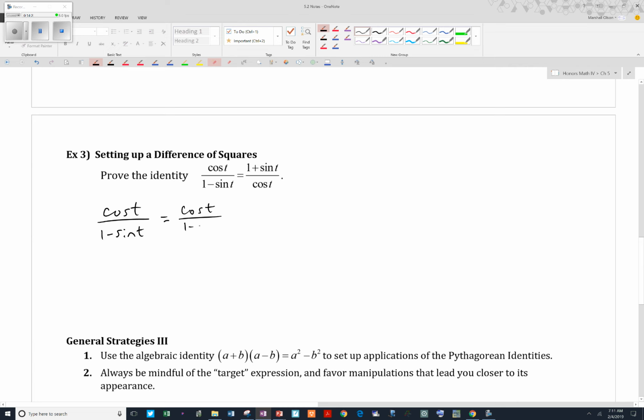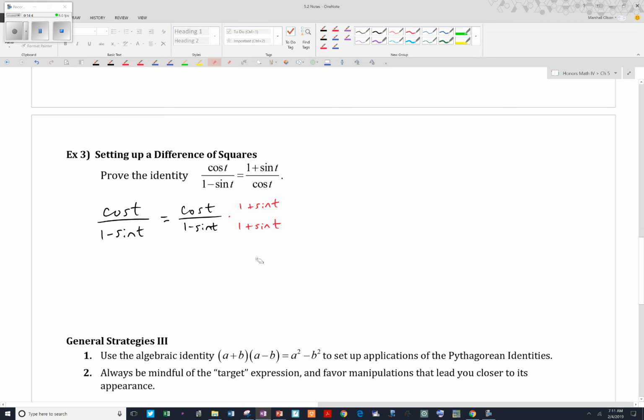It looks like I'm just rewriting it, but I'm doing that because I'm going to multiply this by the conjugate of the denominator, which is when you have a binomial and you multiply it by that same binomial with a changed sign.